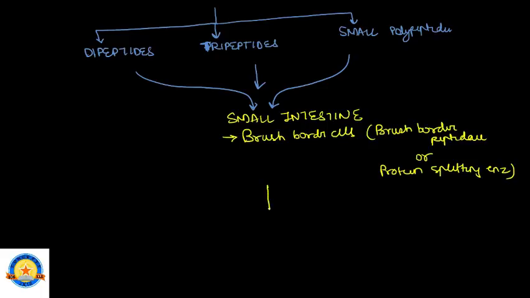Now, these protein splitting enzymes will divide the dipeptides and tripeptides into what? They are divided into amino acids, and there will be a small amount of small polypeptides left. The rest will all be converted to amino acids.